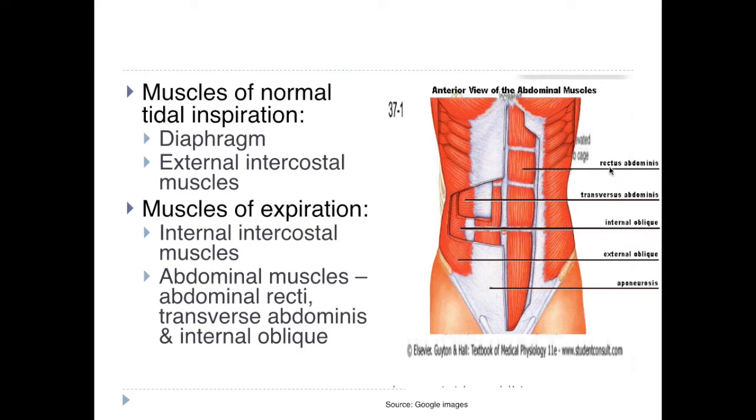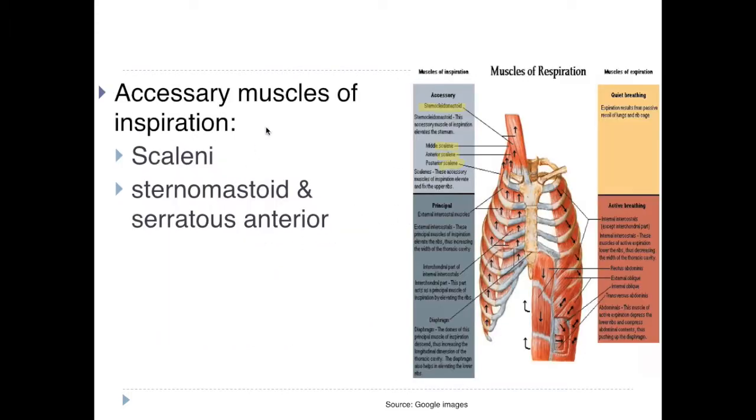These muscles are rectus abdominis here, transverse abdominis, internal oblique muscle, and also internal intercostal muscle. Then accessory muscles for inspiration. These are scalene muscles. Here are scalene, sternocleidomastoid muscle, and serratus anterior muscle.